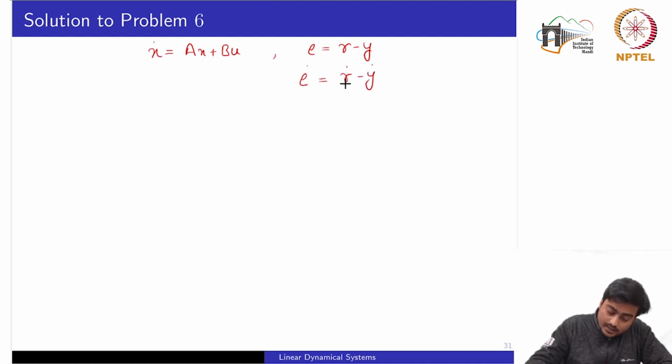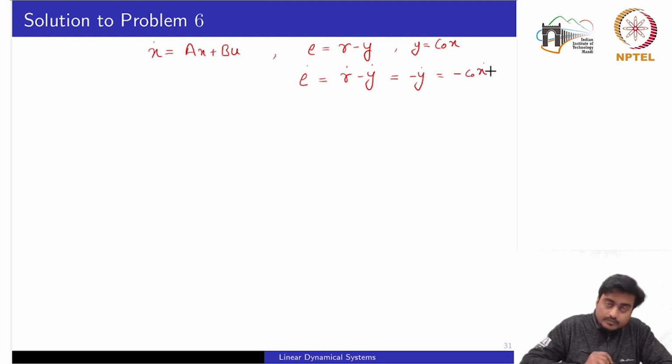Since r is a constant signal, the derivative of r becomes 0, and we have minus y dot, and y is equal to C naught times x. So I can write minus C naught x dot. So I get e dot is equal to minus C naught x dot.